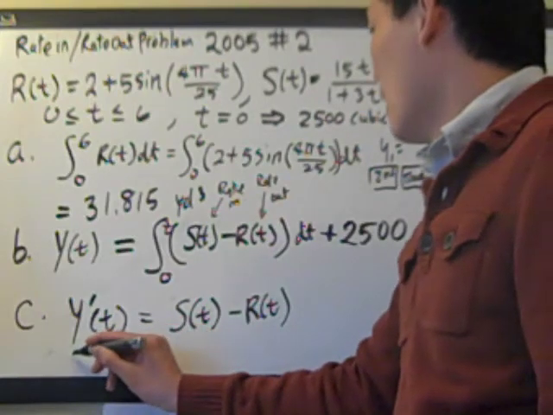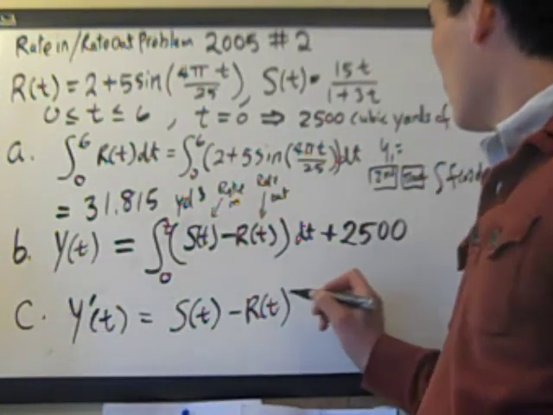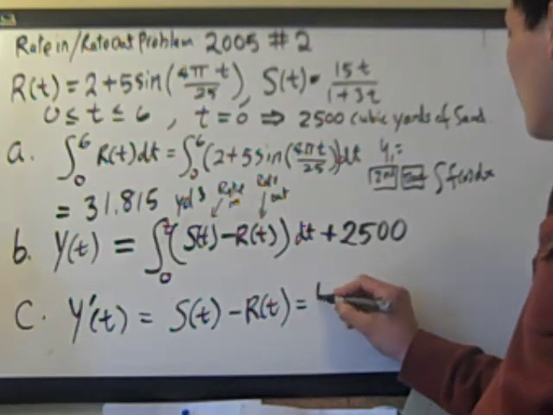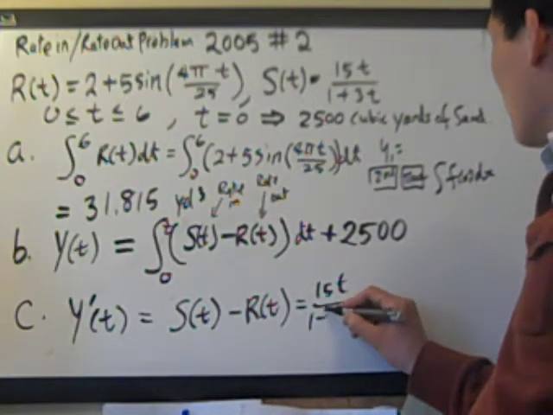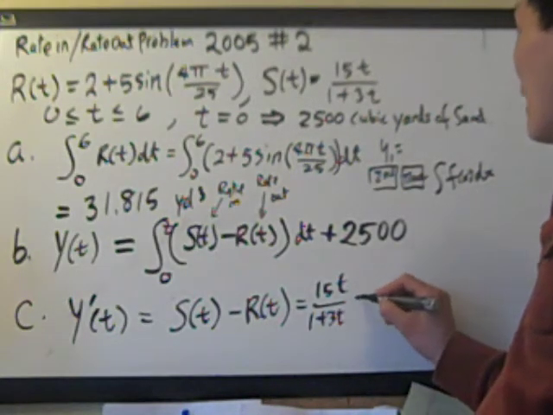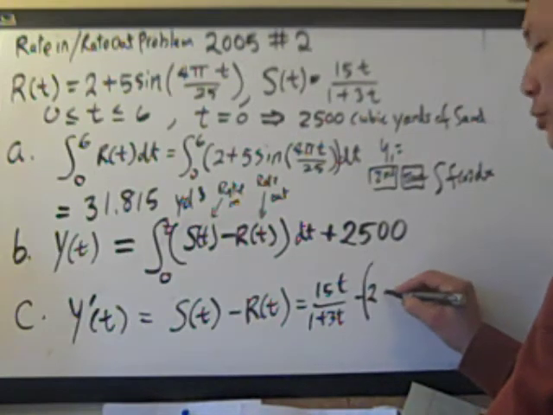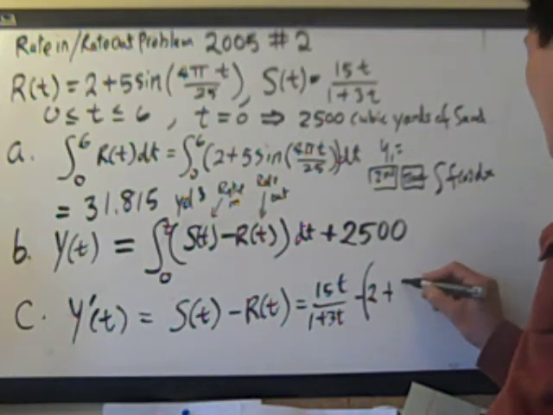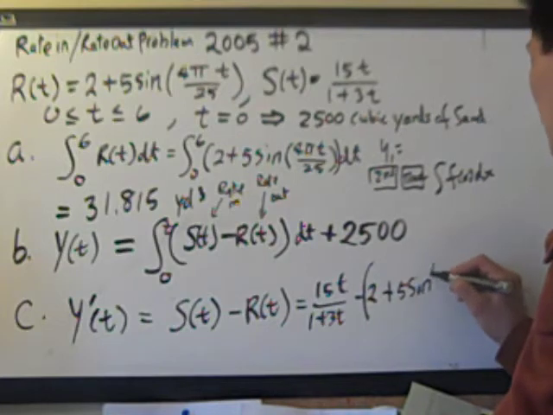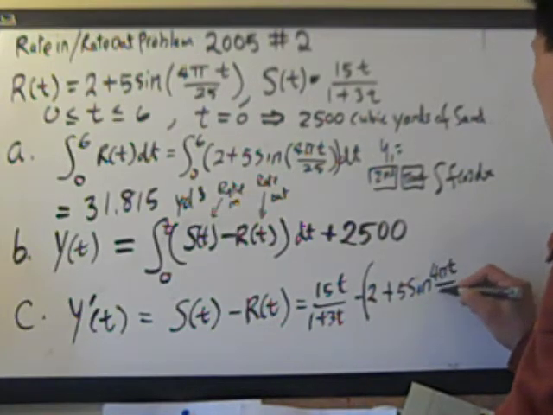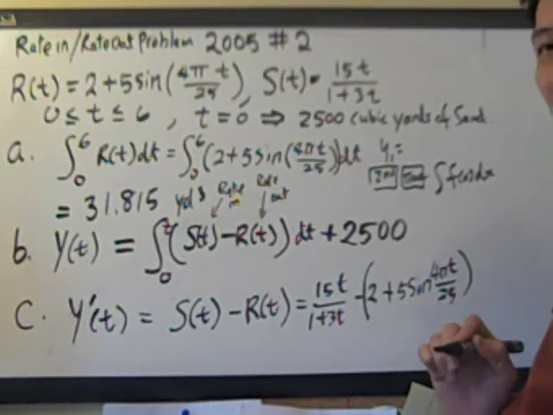So we can say that this is equal to 15t over 1 plus 3t, minus the parenthesis 2 plus 5 sine 4 pi t over 25.